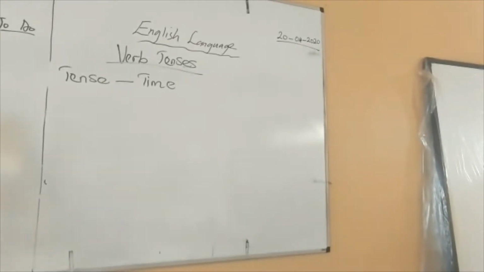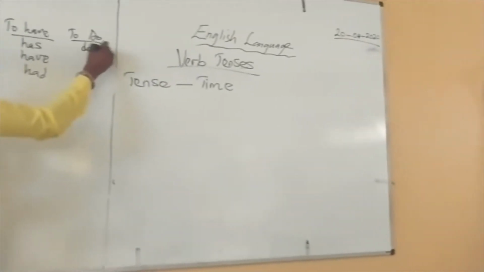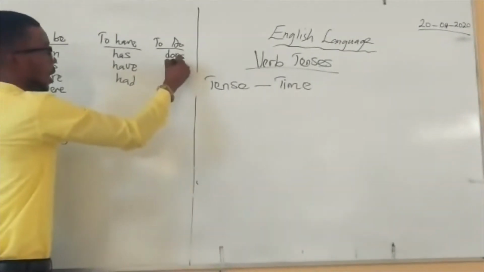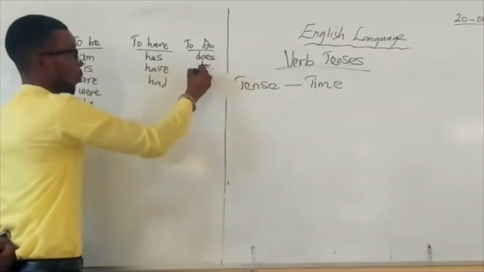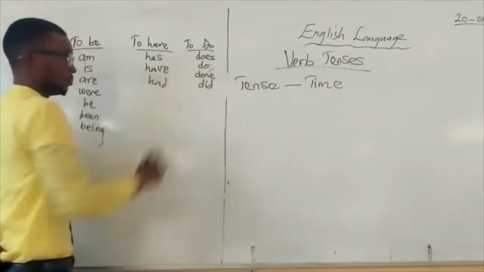All right, verb to have, we have has, we have have and had. Next to that, the verb to do, we have does, we have do, we have done, and did.